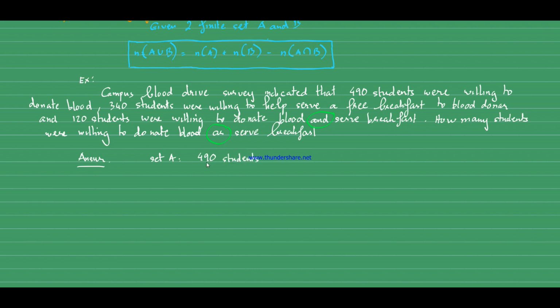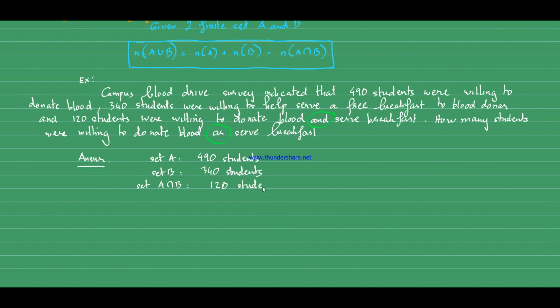Set B is 340 students. It's two different sets right there. And we know that set A intersect B is 120 students.